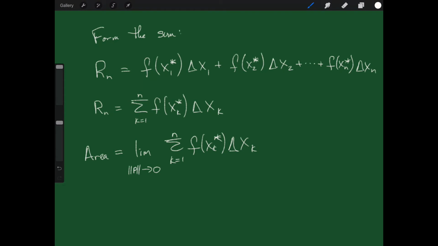Okay? So now let's define something. I'm going to write down a definition for what we call the definite integral. Okay, and the definite integral is the following.